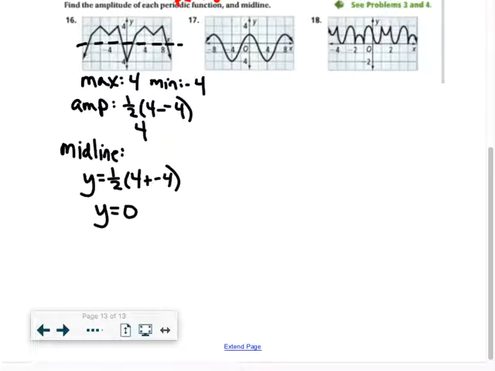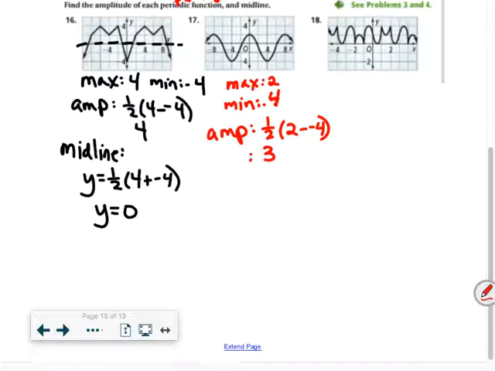All right, make sure now if you needed help with this one, pause the video and try this. Now, if you already paused and you worked them all, keep listening just to check. So here in number 17, my maximum is 2. My minimum is negative 4. Okay, be careful. The ticks are 2s. So the amplitude is 1/2 the difference between the maximum minus the minimum. Half of 6 is 3.